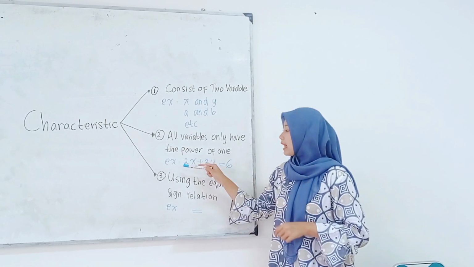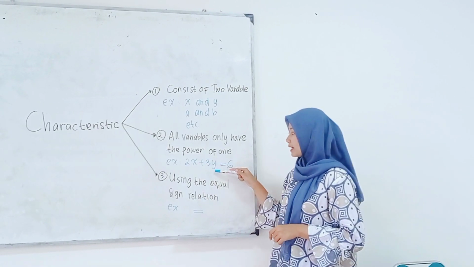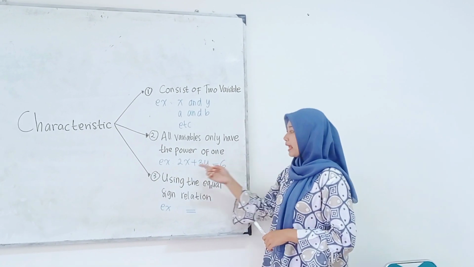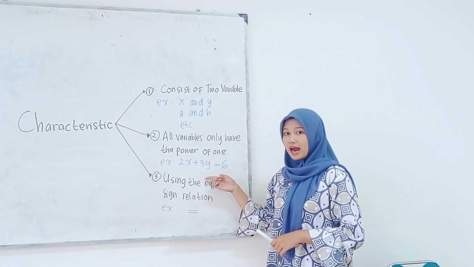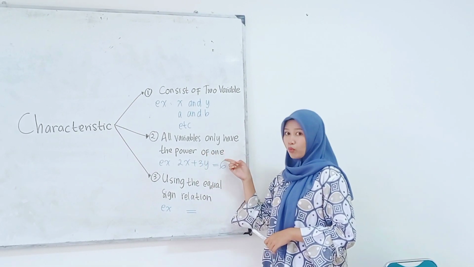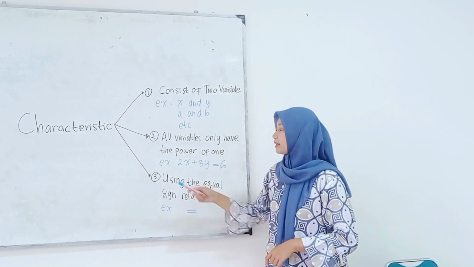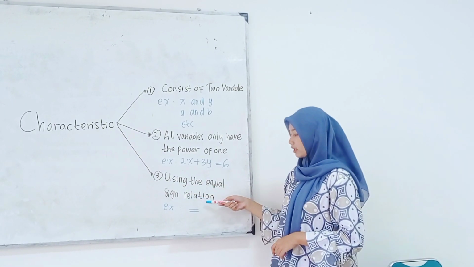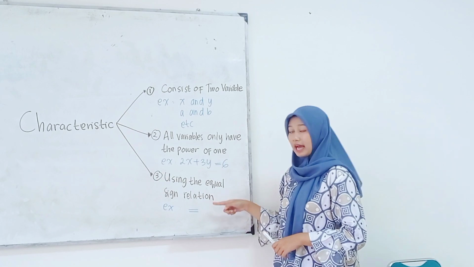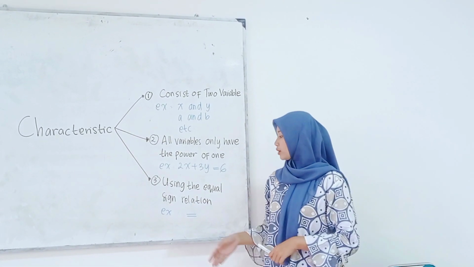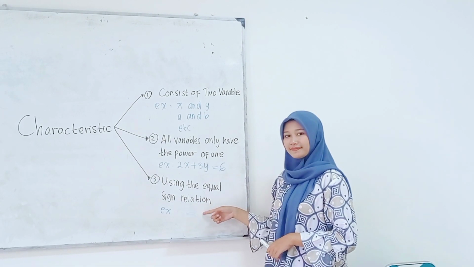For example, 2x plus 3y equals 6. We can see on the whiteboard, x and y are variables and they have the power of 1. The third characteristic is using the equal sign relation like this. Because this material is equation, we can use this sign.